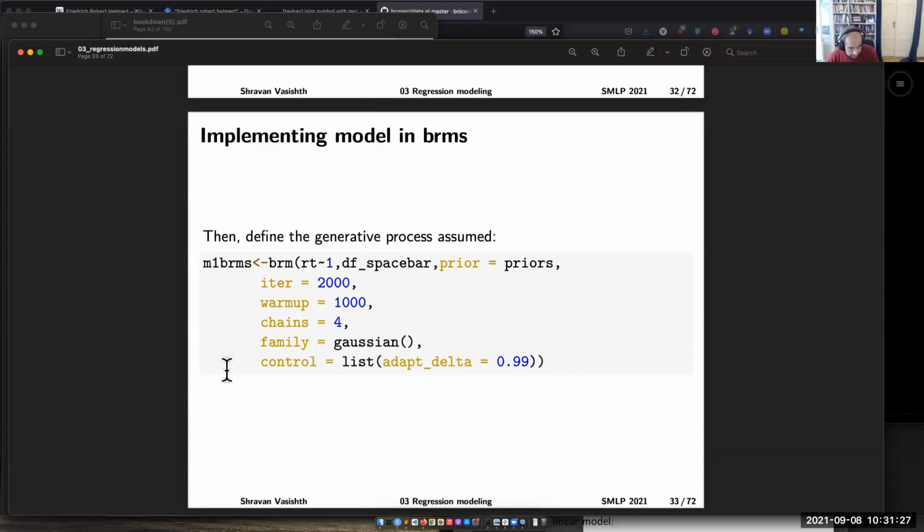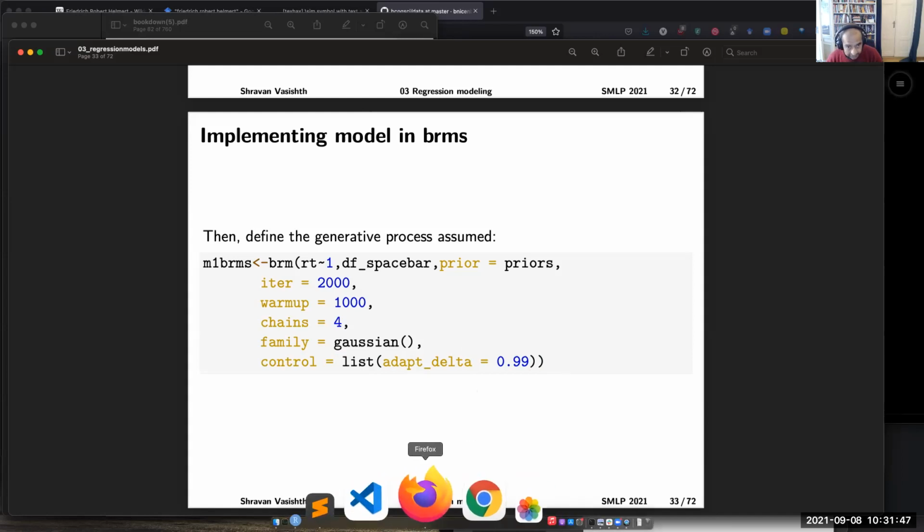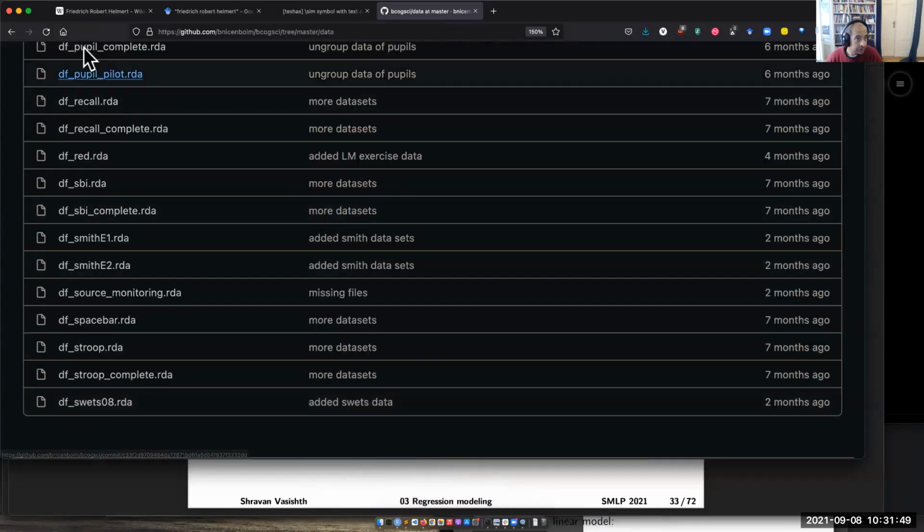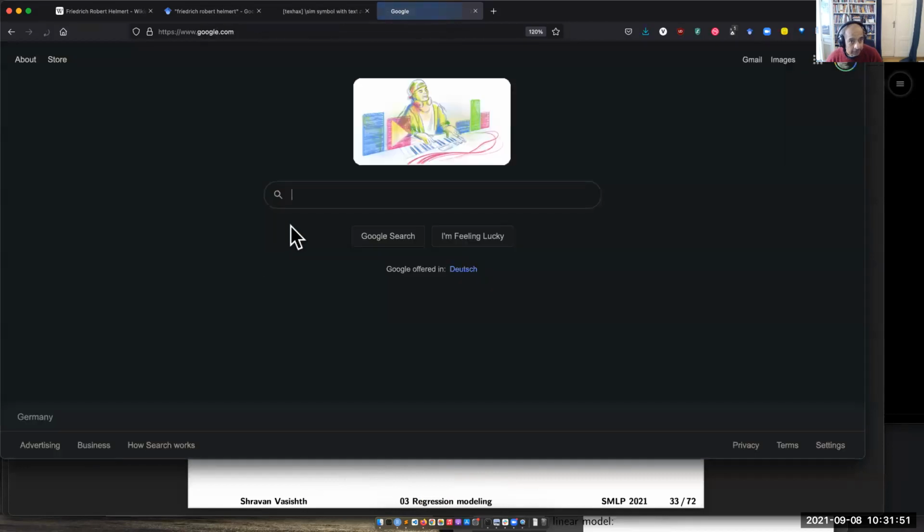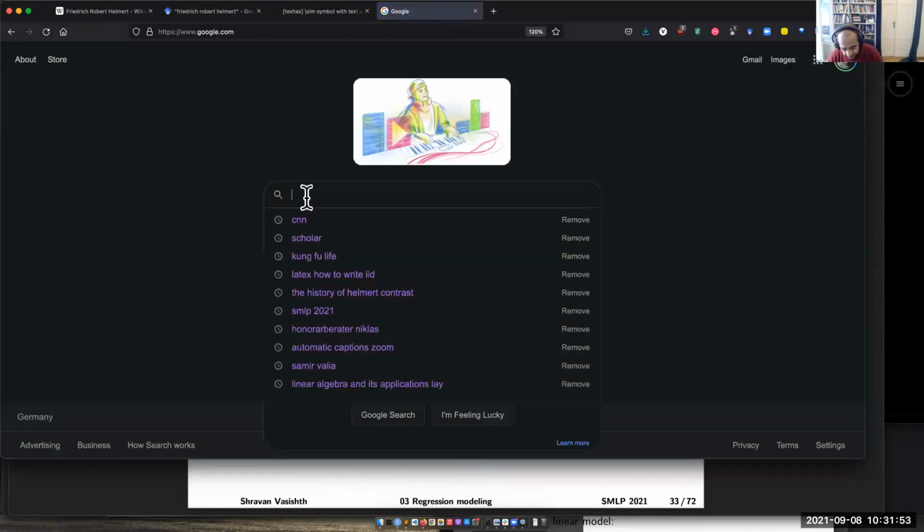So these details I can't discuss right now because it will take us too far into the Hamiltonian Monte Carlo stuff. But you can look at this in the lecture notes. There's a chapter where we discuss this in a little bit of detail, but not too much. But if you want to know more about all this adapt delta stuff, I recommend that you read the chapter in this book. This very nice book by Ben Lambert.